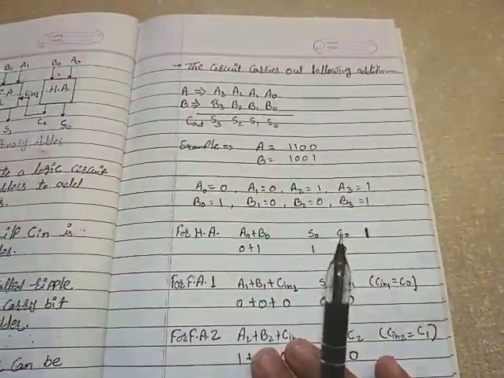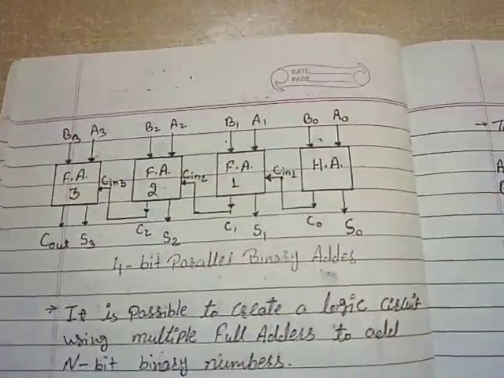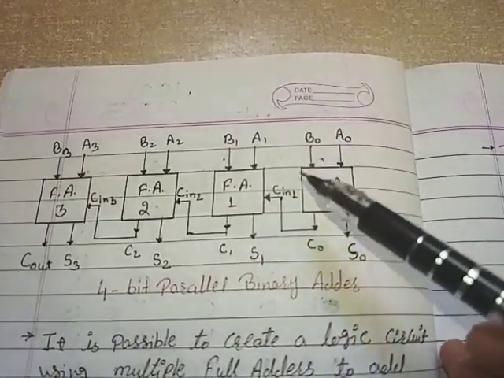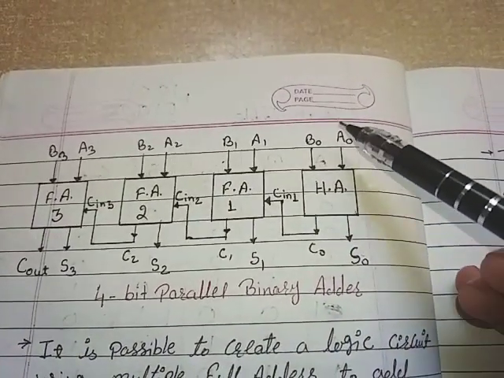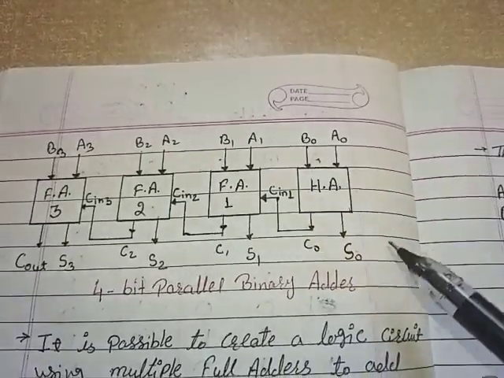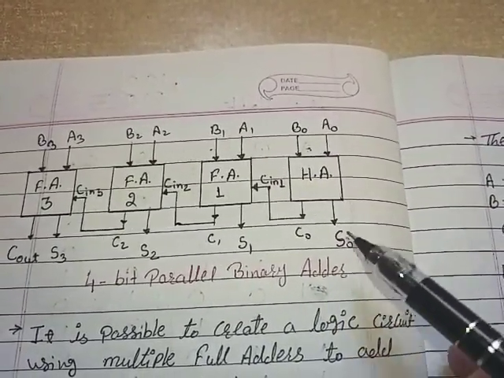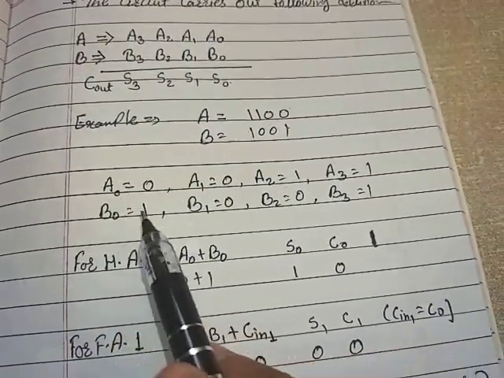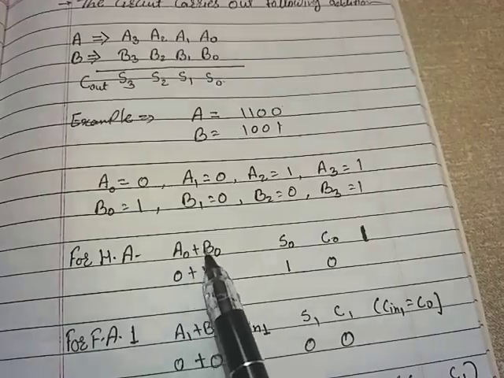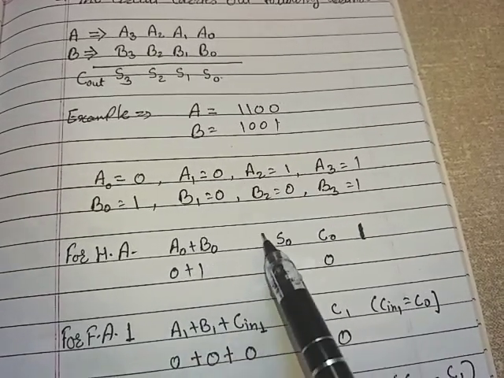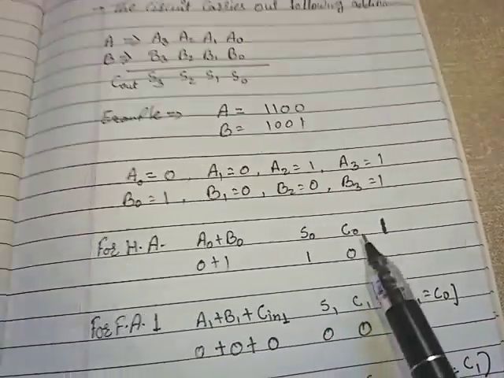Now let's see how the addition is performed. For the first half adder, the inputs are A0, B0. A0 plus B0 gives sum S0 and carry C0. So 0 plus 1, sum is 1, carry is 0.